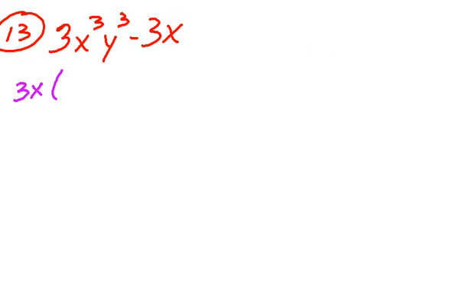Okay, so when I factor out the GCF, 3x comes out, so I'm left with x squared y squared minus 3x divided by 3x. When they cancel, don't leave it blank or put a 0. It's 1. Anything divided by itself equals 1. So I'm left with this.